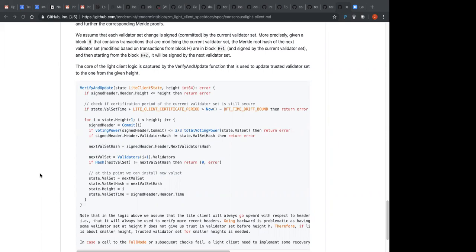Then the problem is that because we take the median of the timestamps, a cabal of more than a third of the validators can arbitrarily move the time into the future.